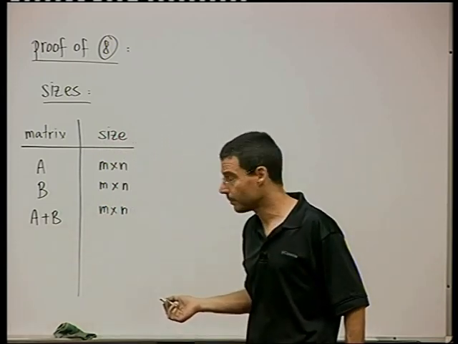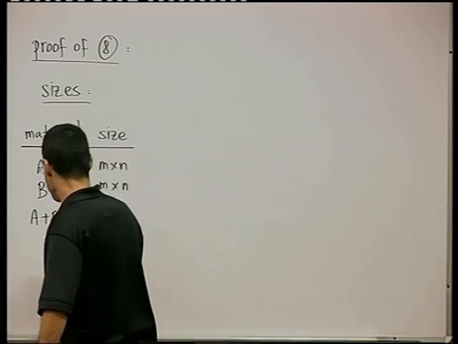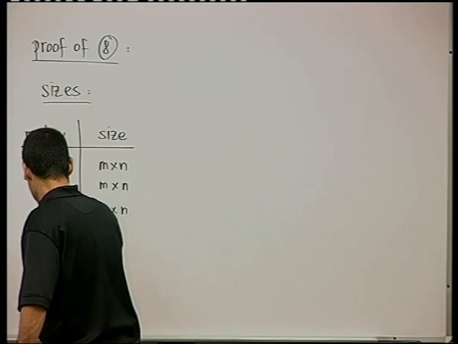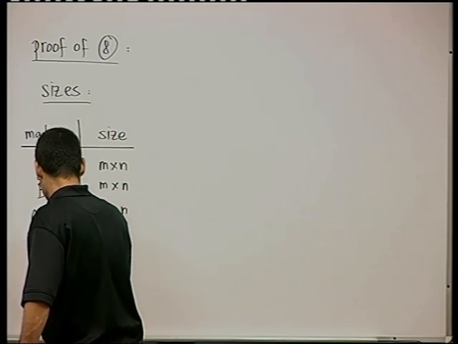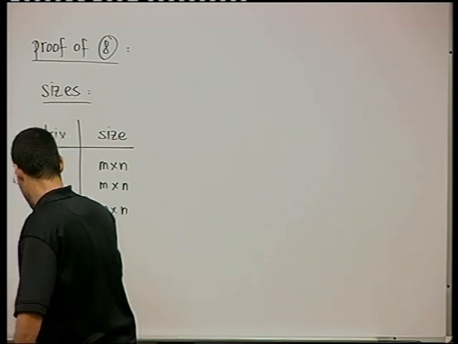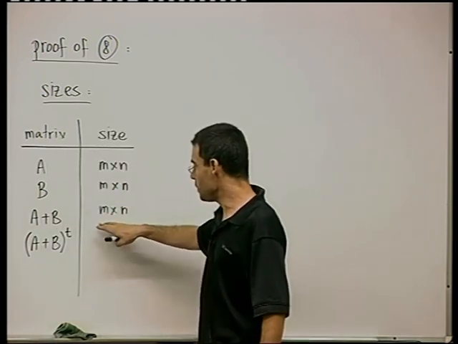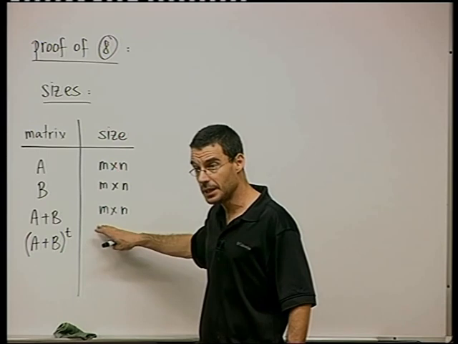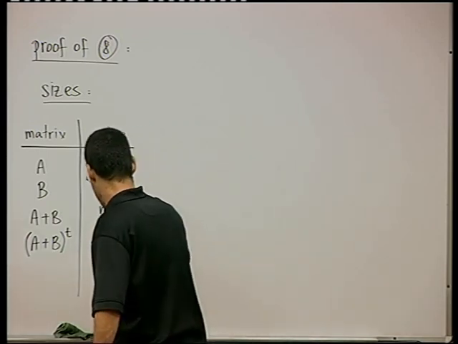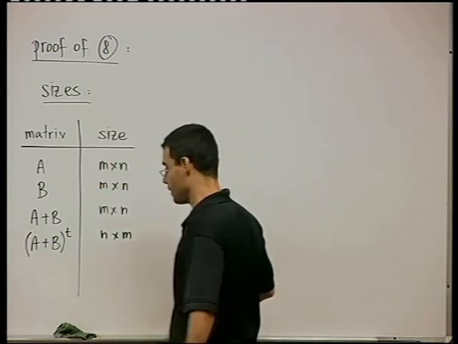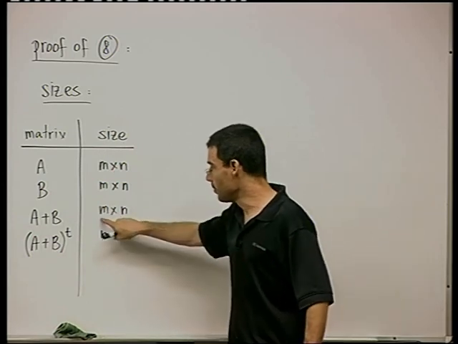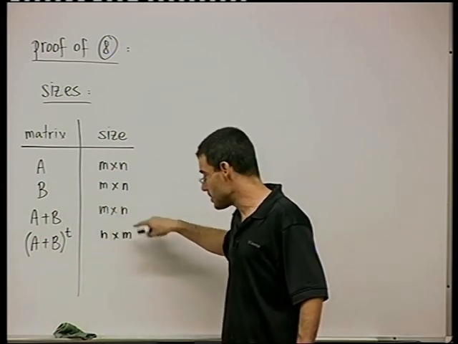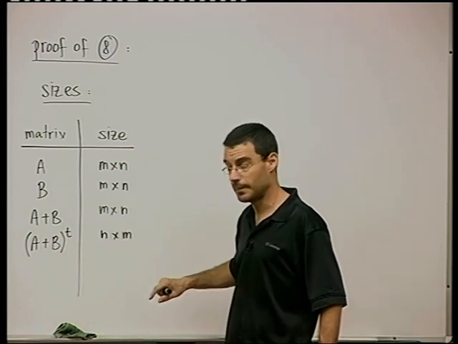Do you agree? Okay. What is the size of (A plus B) transpose? If A plus B was an m by n matrix, its transpose is going to be, very good, n by m, right? Because the number of rows now becomes the number of columns, and vice versa.